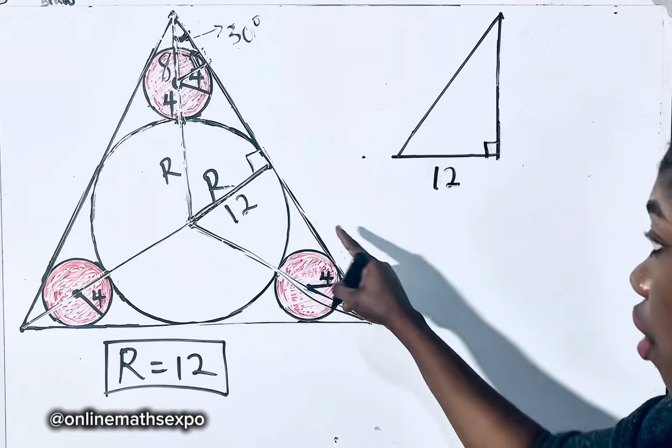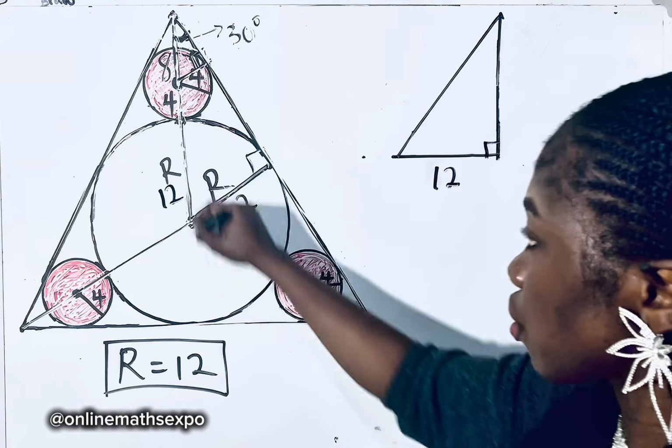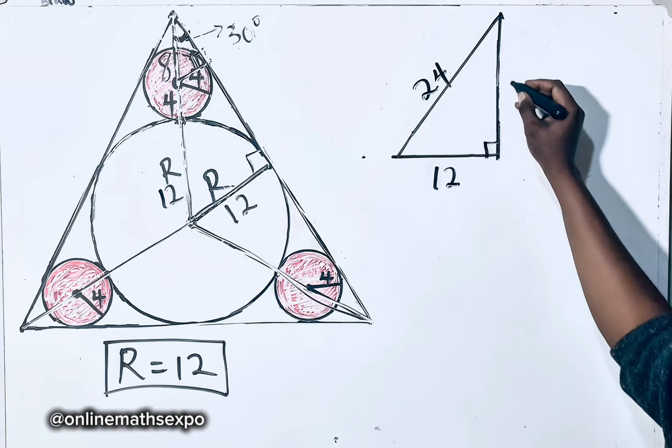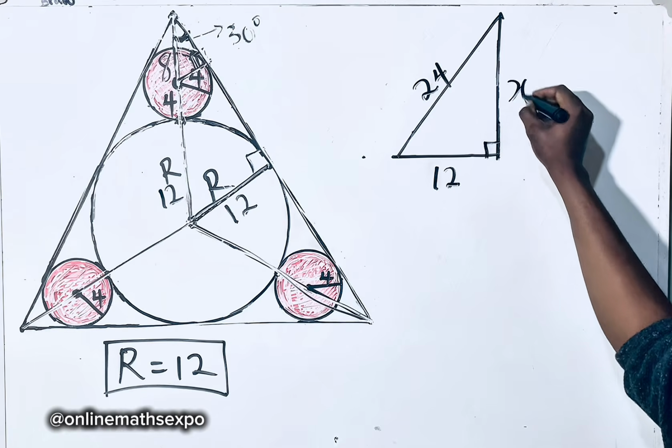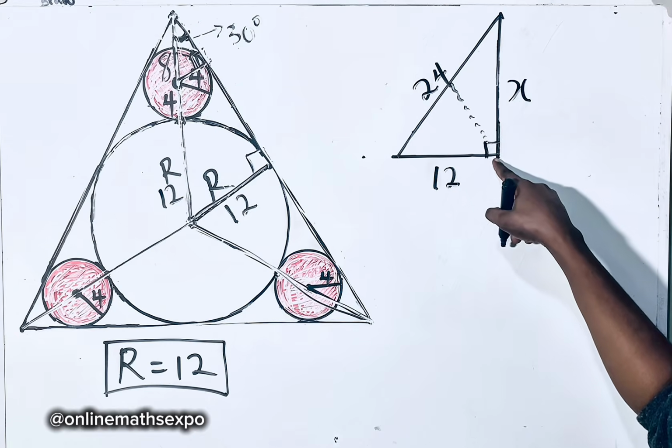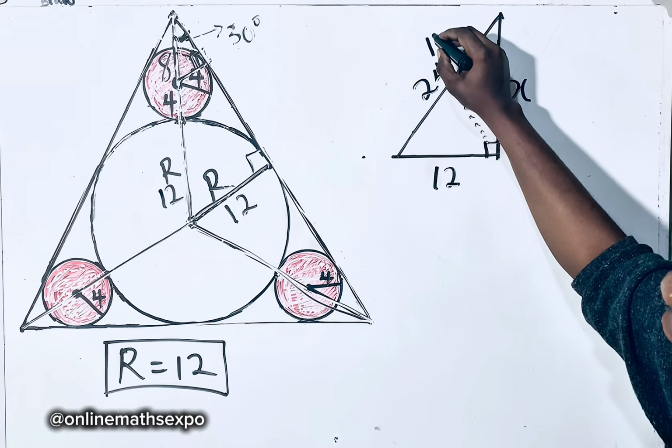Our r is 12, and 12 add 12 gives us 24. Here measures 24. So let's find this length. If this length is labeled x, remember that this is the side opposite to the right angle, and that is the longest side.